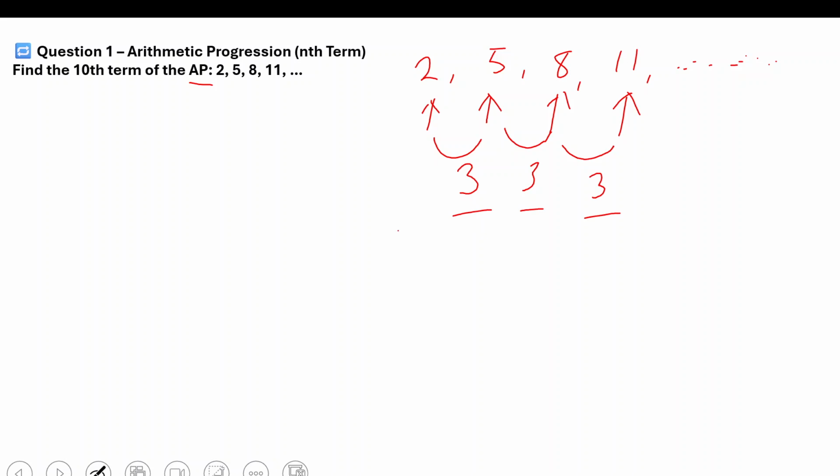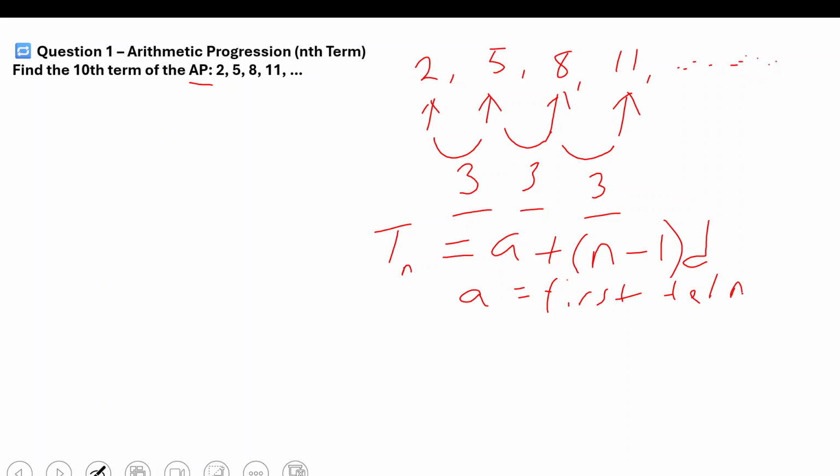So to find the nth term, T10, T subscript 10, of this particular kind of series known as the AP, arithmetic progression, the formula is a plus open bracket n minus 1, then d, where a is the first term, n is the number of terms, and d is the common difference.